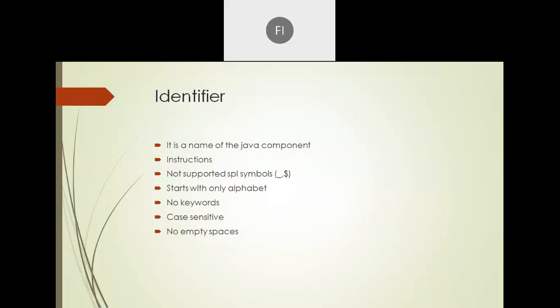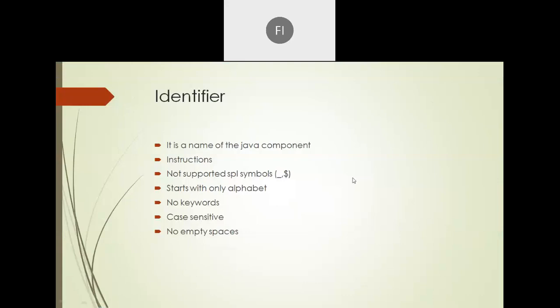So identifier means names. The names we use in the program must follow some rules; we can't define everything as a name. So we have a set of rules and regulations while writing a name for any component.